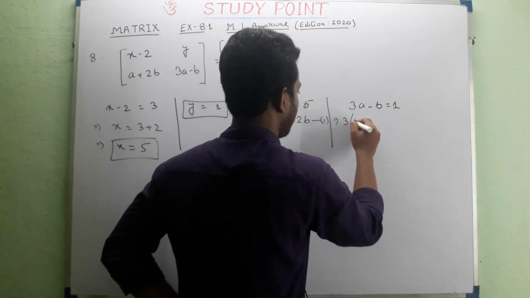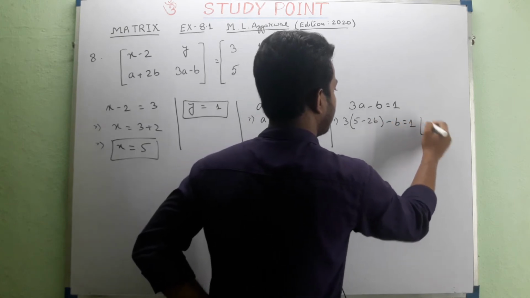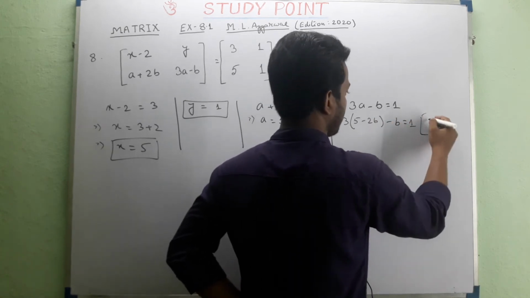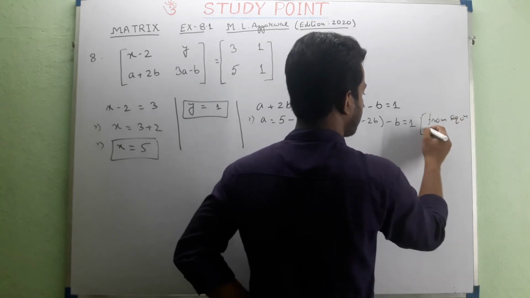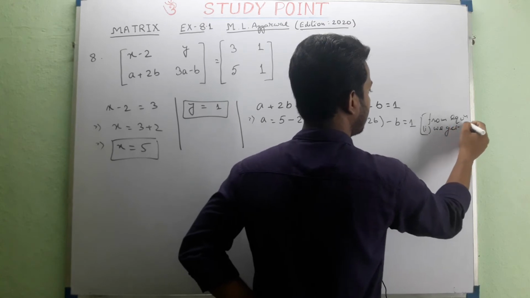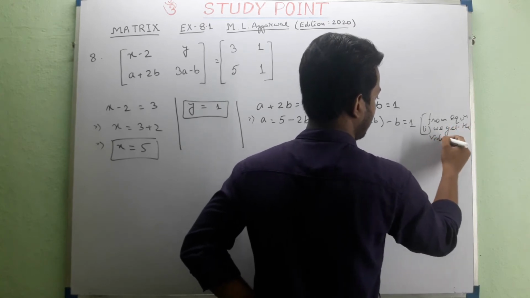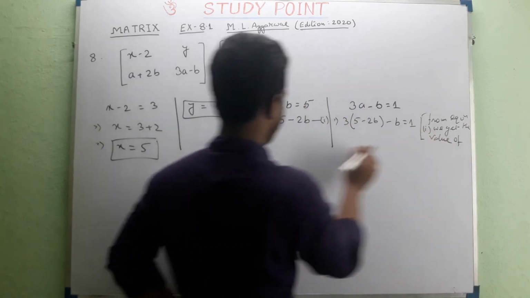Within brackets write 5 minus 2b, that is the value of a, from equation 1 we get the value of a.